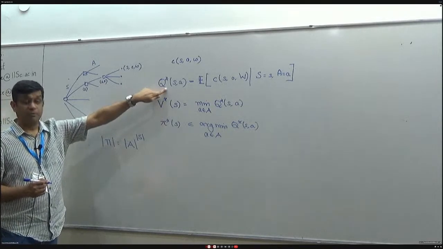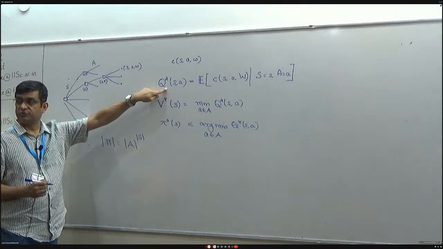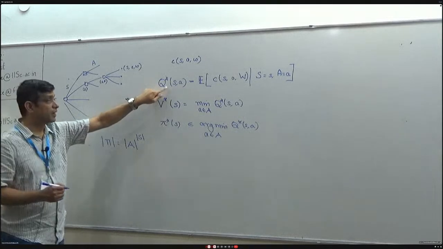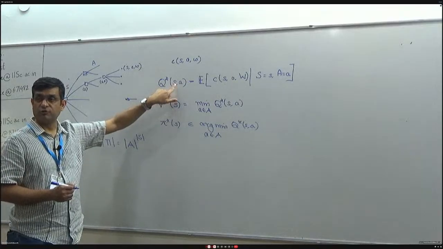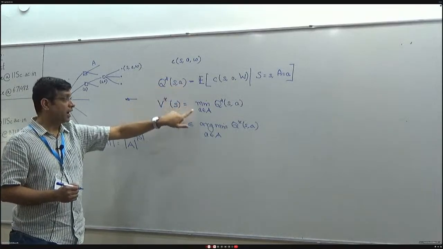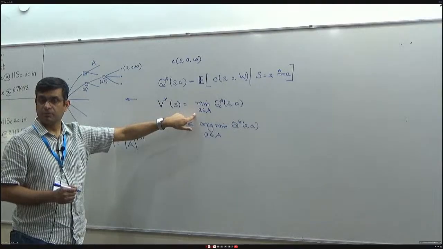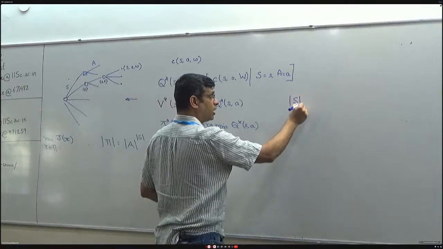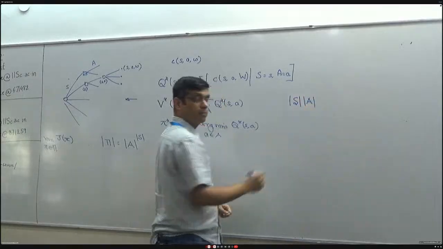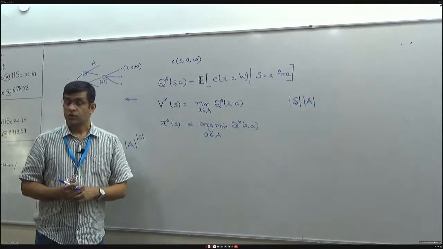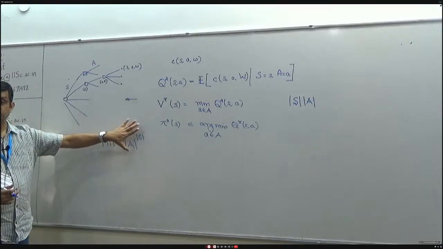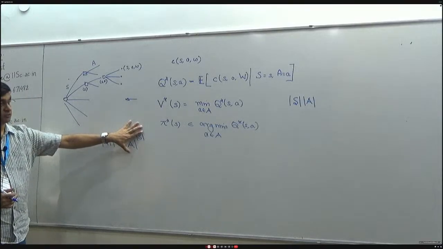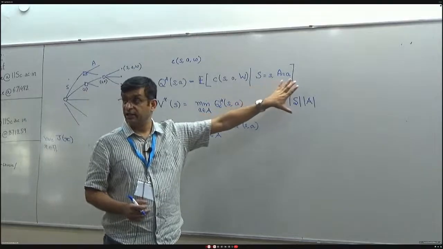I'm computing this Q function, Q star of S, A, and this requires complexity which is proportional to the number of values of S and the number of values of A, and then I do an optimization here. Okay? So the overall complexity of this is proportional to S times A. So I have gone from something which was exponential in my number of observations to something which is linear in my number of observations.